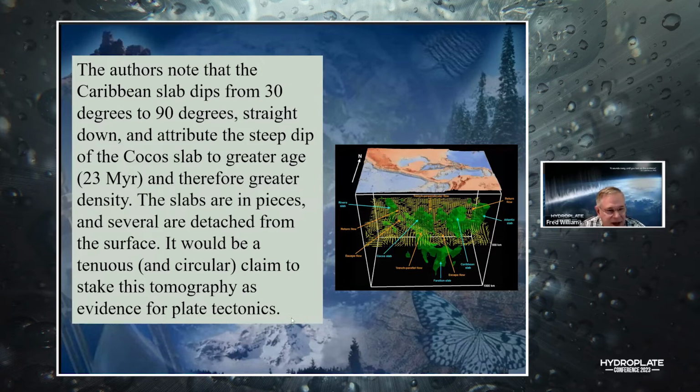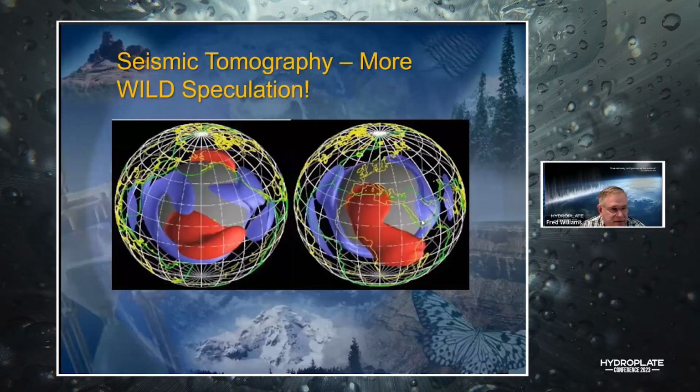And then they say the slabs are in pieces and several are detached from the surface. And this is what I noted in the paper: it would be a tenuous and circular claim to stake this tomography as evidence for plate tectonics. You could take any flood model and use this as evidence for your theory. Something that's evidence for every theory is not good evidence for any one theory.